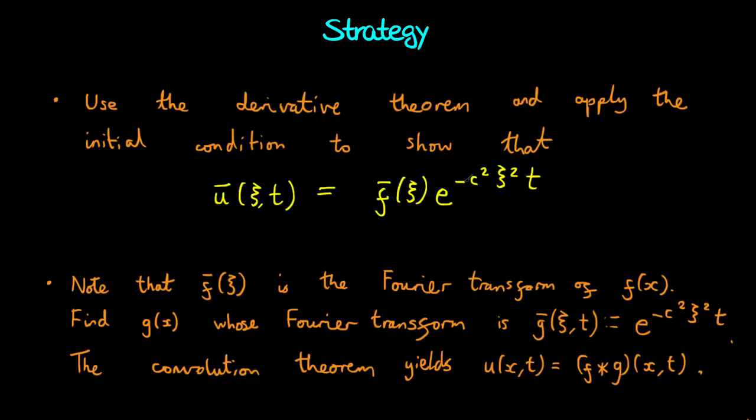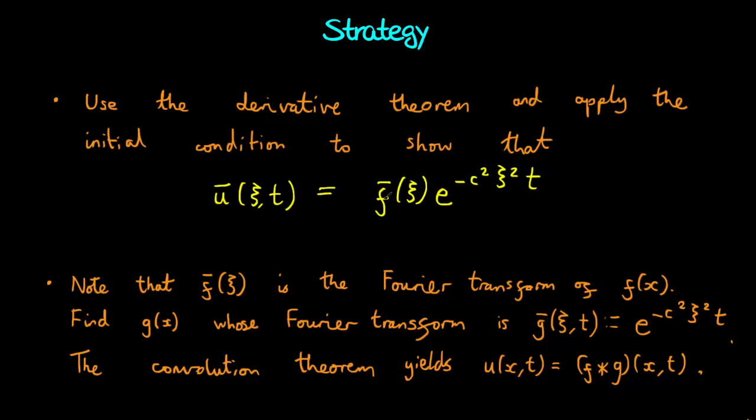But what about this other function, e to the minus c squared xi squared t? We're going to call that g bar, just to give it a name, and then we're going to try and find its inverse Fourier transform. That's where the Fourier inversion theorem comes in. That's going to allow us to find the function g whose Fourier transform is g bar.